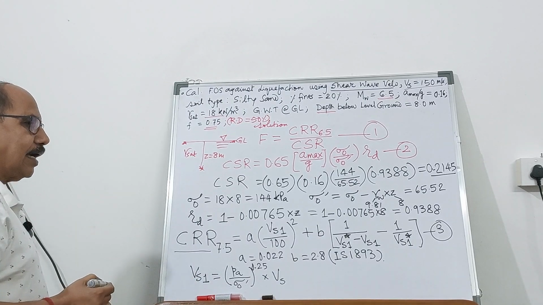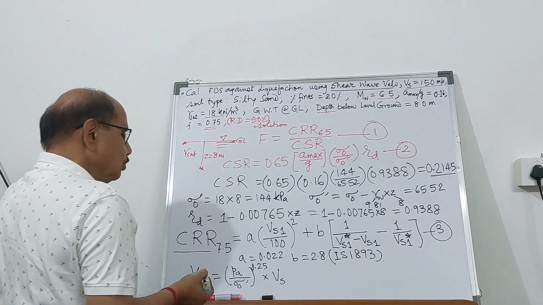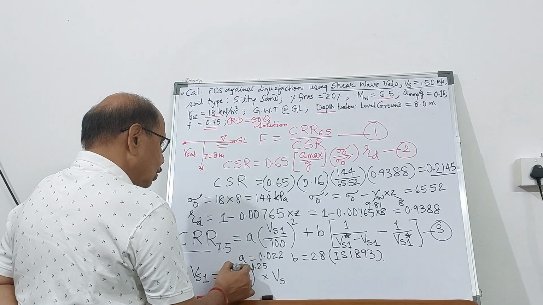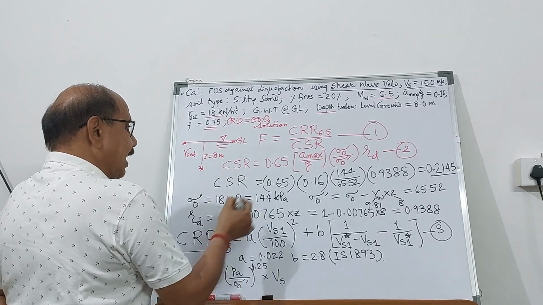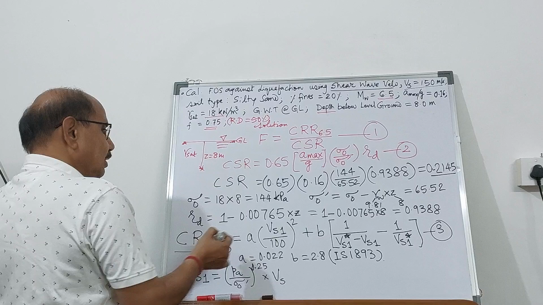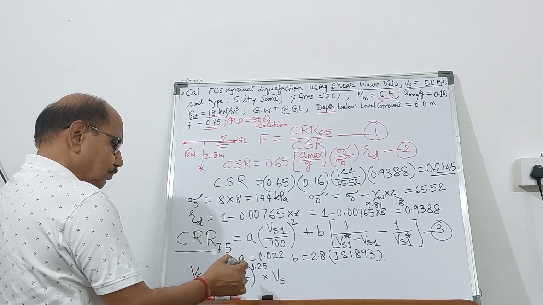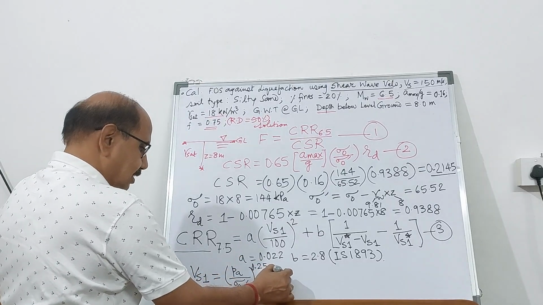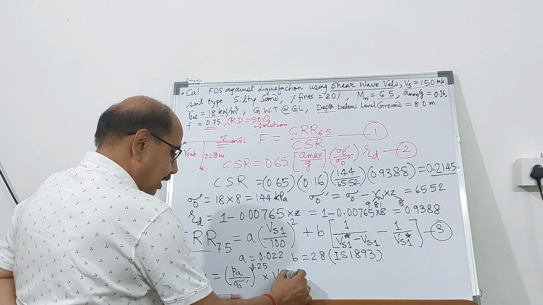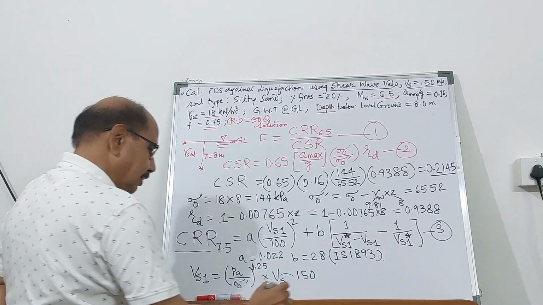So Pa, as you know, is going to be 101.352. Sigma naught prime you have already calculated as 65.52. Raised to power 0.25 multiplied by Vs, given data as 150 meter per second.